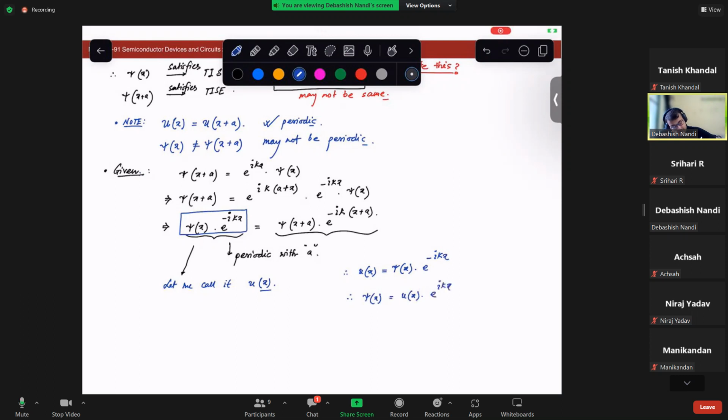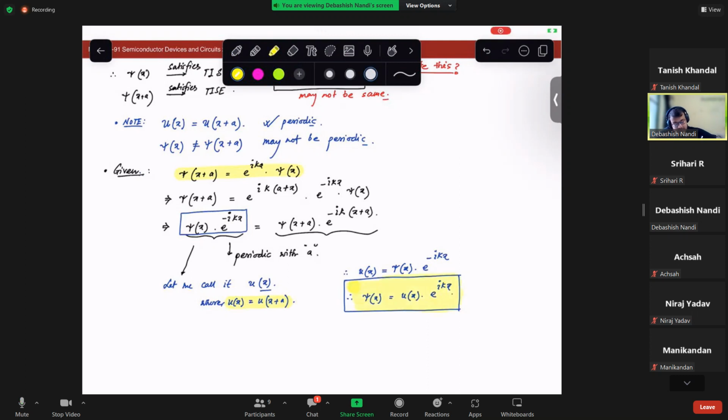So can I conclude with this, that with the given information, u of x is u of x plus a? What was the given information to us in the question? This term was given and this thing was given. So from that we can conclude that this can also be written.